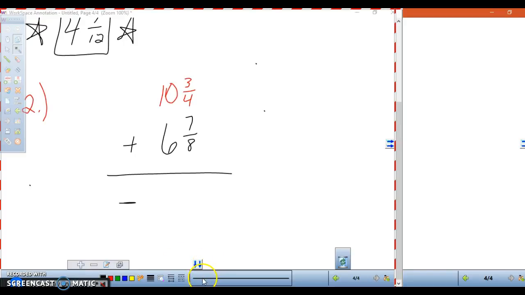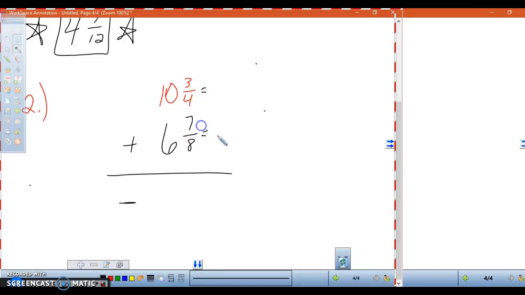Now it's just a normal fraction addition problem. Mixed number addition, right? Okay? Common denominator is 8. Did we change anything with this fraction? No. How did we go using multiplication from 4 to 8? Times it by 2.